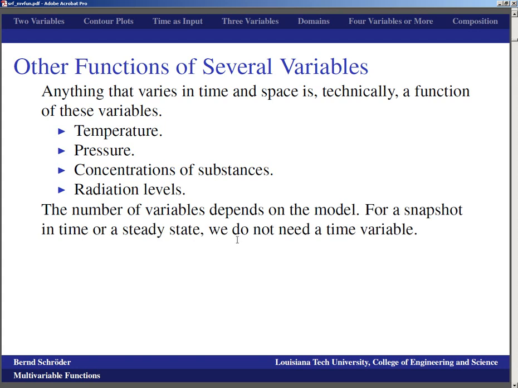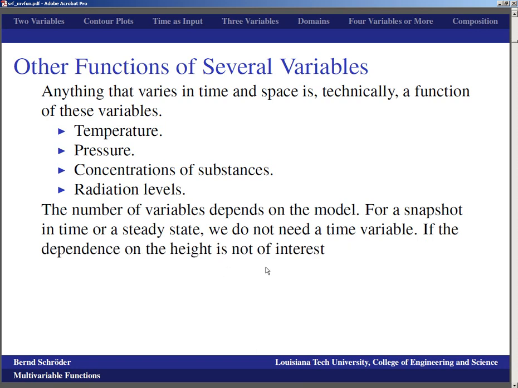So then also, if we have a snapshot in time or a steady state, we will not need a time variable. So for example, a physical map, even though we know continents migrate, a physical map doesn't need a time variable, because for our lifetimes that is not terribly relevant.